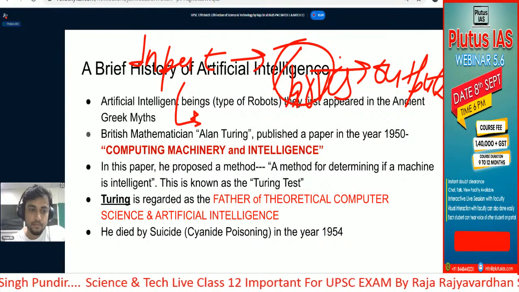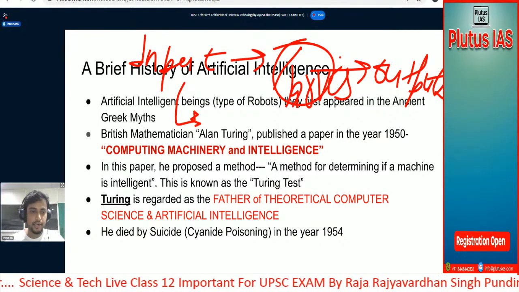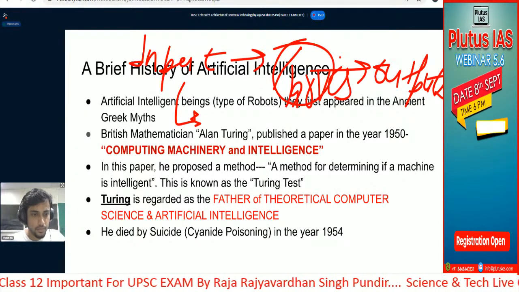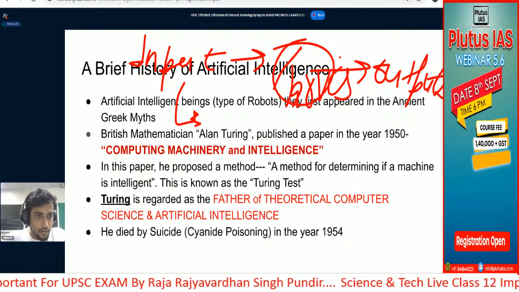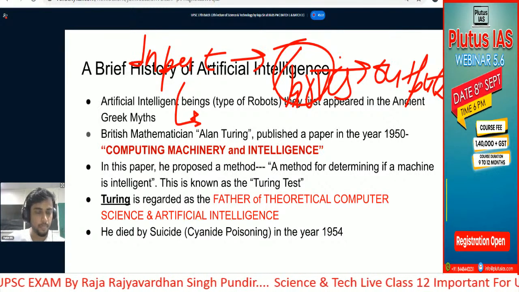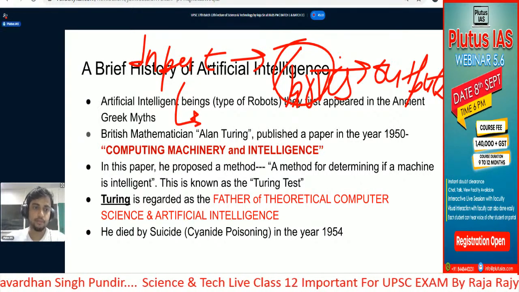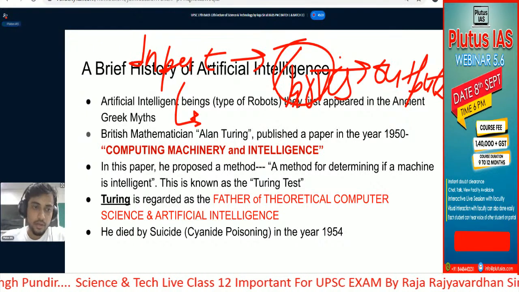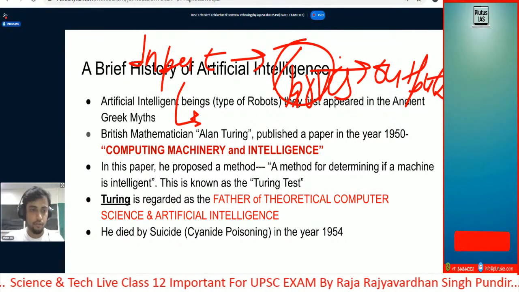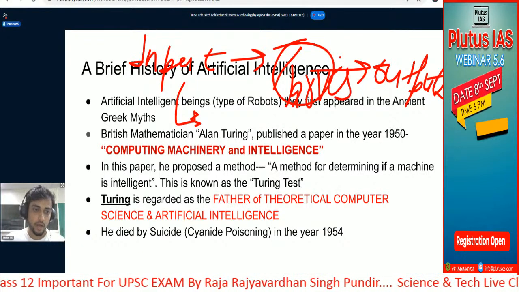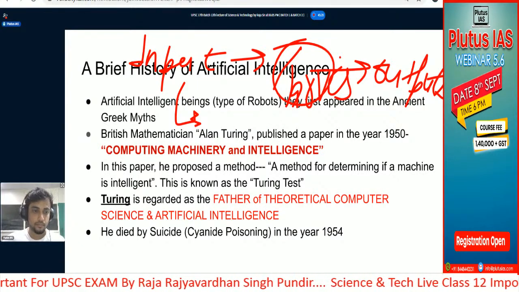Okay, so artificial intelligence, yes, Ovojit, absolutely. Terminator. In the movie Terminator, they were also the artificially intelligent machine. iRobot also, absolutely.